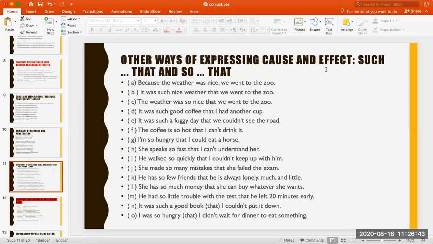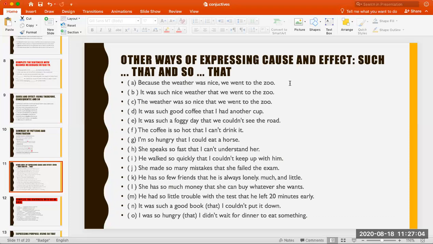Other ways of expressing cause and effect: such that and so that. Now look at the rule here. The rule is, we say such plus adjective plus noun plus that, or so plus adjective or adverb plus that.